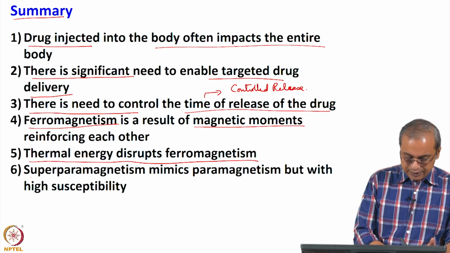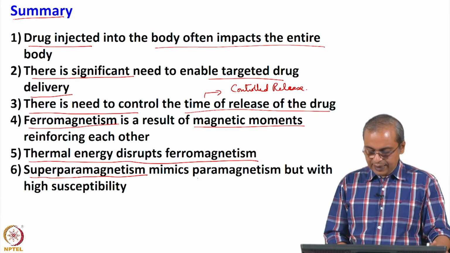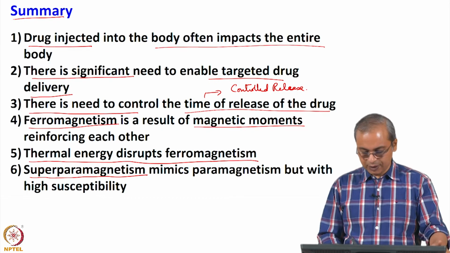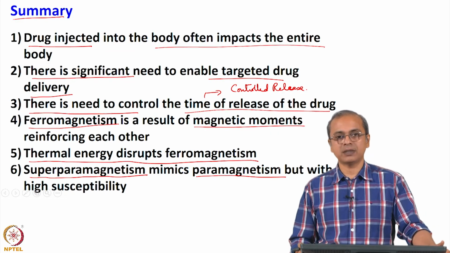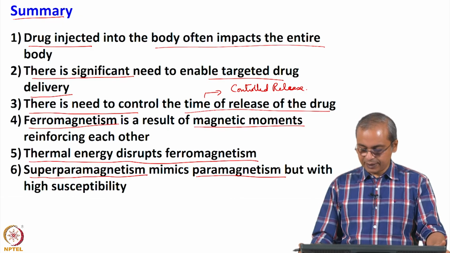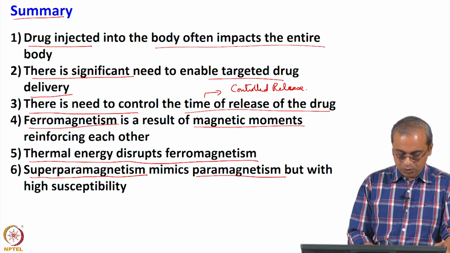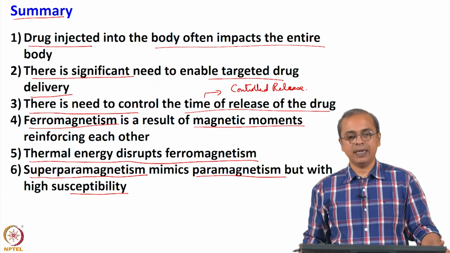This is referred to as superparamagnetism, the idea that a ferromagnetic material is mimicking paramagnetism, but it has high susceptibility. In other words, the saturation magnetization that you get is very high.